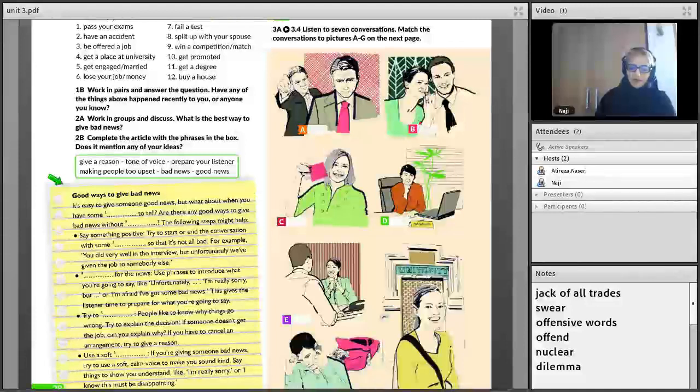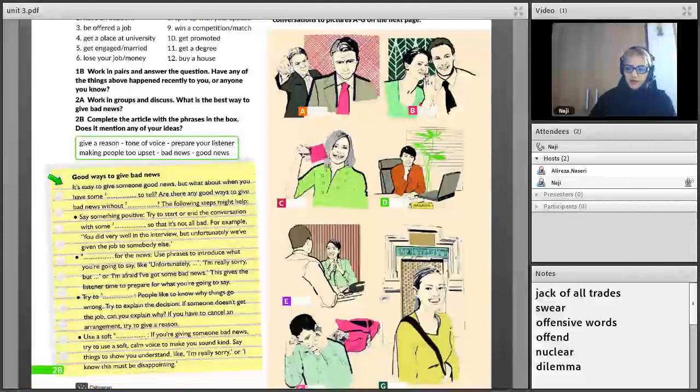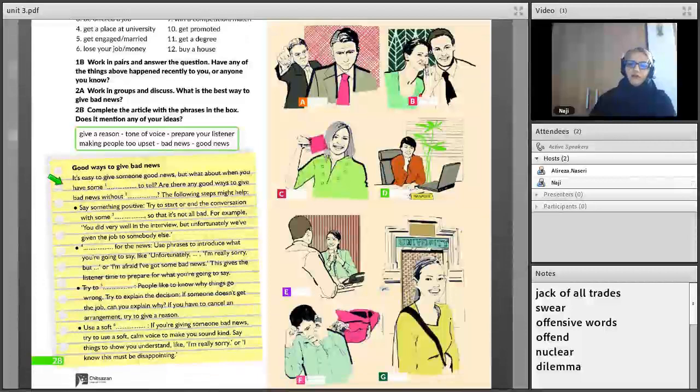3. She won the lottery, $1,000. This is the good news. And the bad news is that she's going to spend all this money on her bills. Number 4, he had an accident.